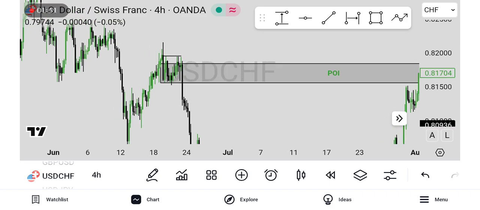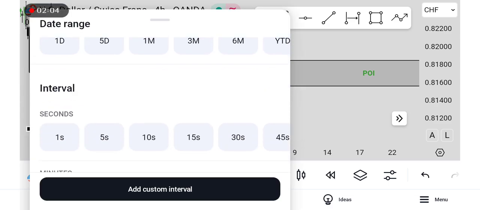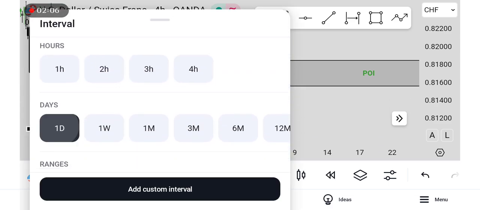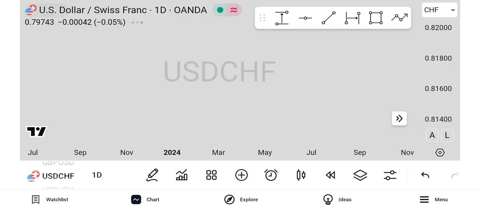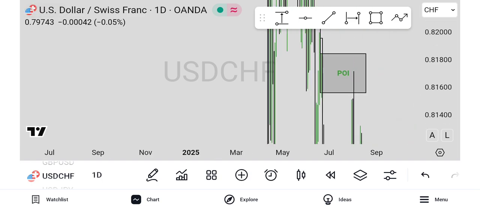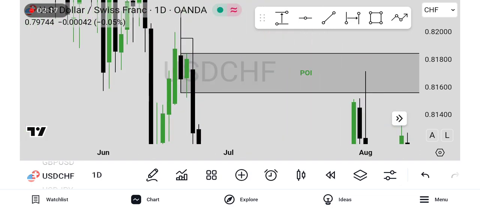The point of interest can be your order block, supply block, breaker block, or any place you think price will react from. Now, if you look at this supply block, I drew it from the daily time frame.